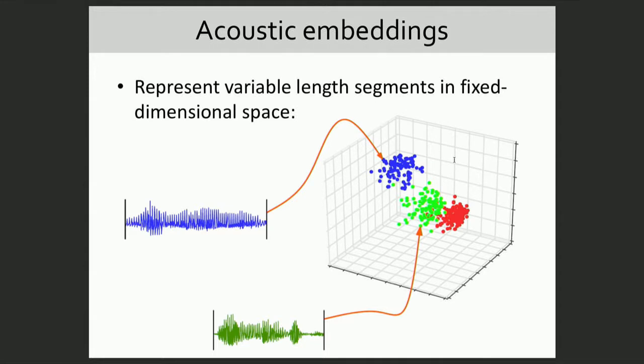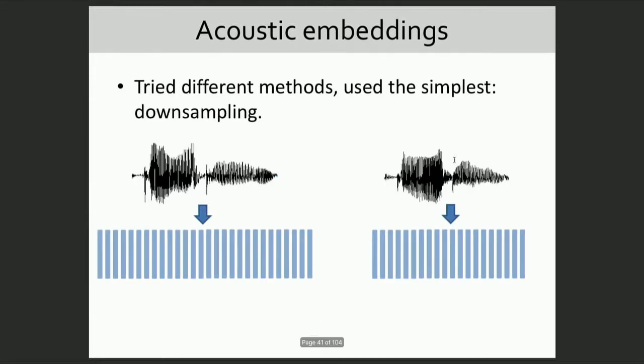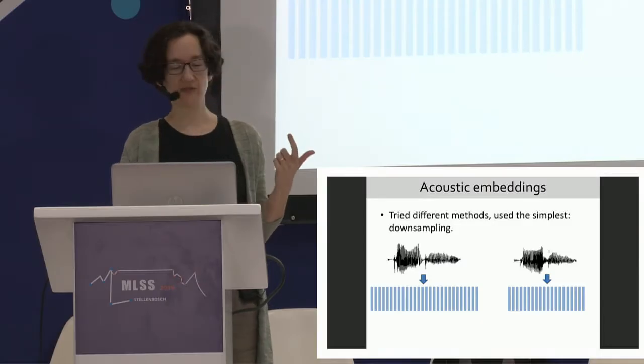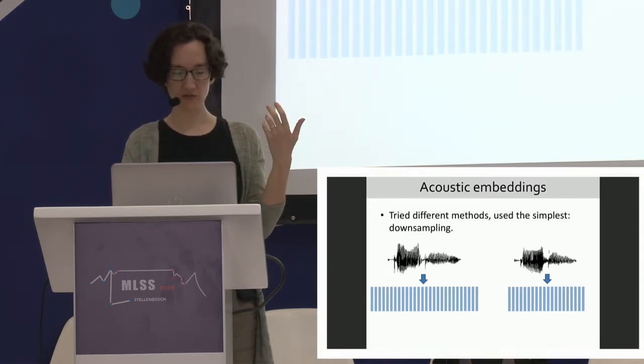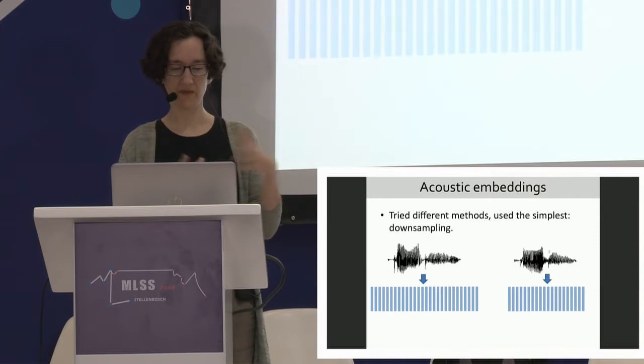Unfortunately, I don't have a fancy machine learning method to tell you about here. I have something really dumb. This is a good lesson that sometimes the really dumb baseline is actually good for various reasons. First of all, it's fast, and second of all, it turns out it works better than a lot of the other things we tried. So we're just going to do downsampling. What that means is we take our different instances of words, and when we extract features from them, one may be longer, so it has more features.